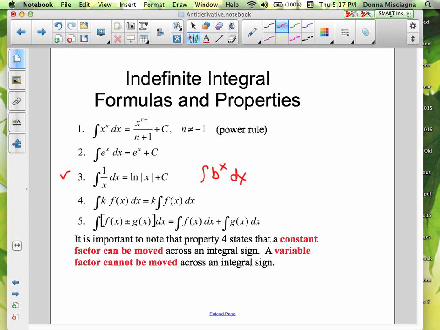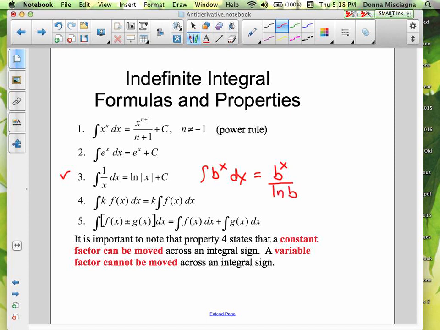Got to have our constant of integration there. What variable are we taking the integral with respect to? And so when we take the integral of b to the x dx, we're going to have b to the x divided by natural log of b.